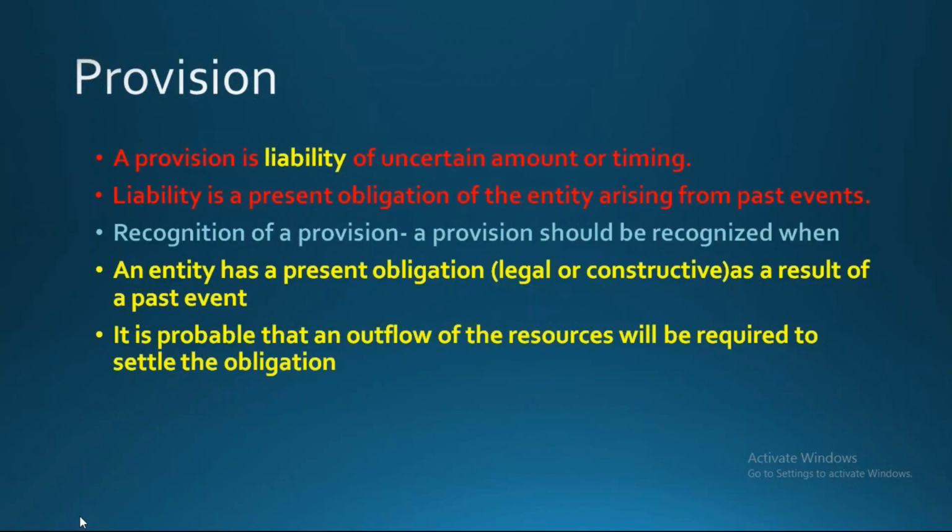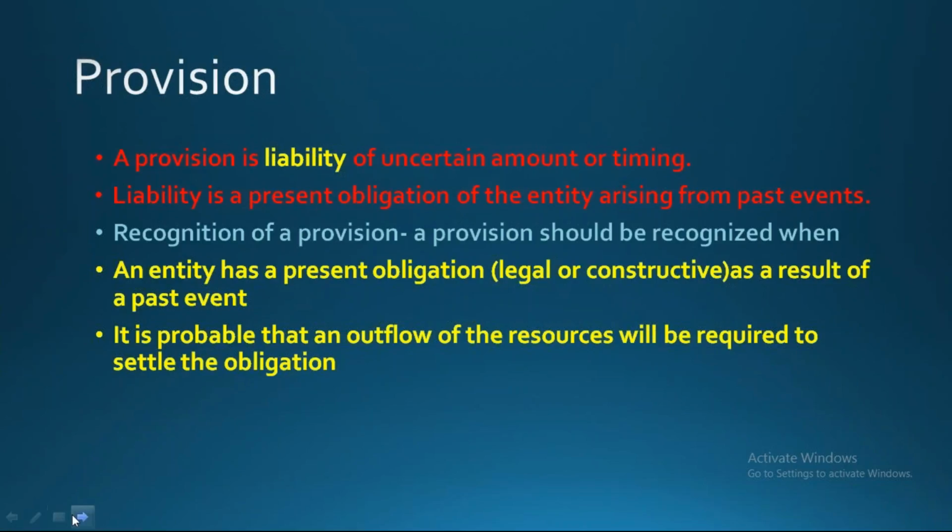Say, for example, one of the copywriters may file action against you because you have taken the script without his permission and created a film. So there is a case, and the lawyers might say there's a more than 50% probability that the company will be liable to pay. In that case, you have to make a provision. But if the lawyers say there is no chance that we will lose the case, it's only about a 10% chance, then you don't need to make a provision.